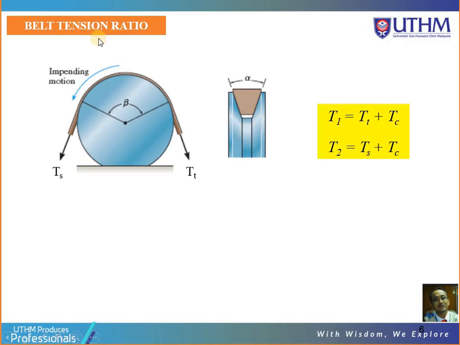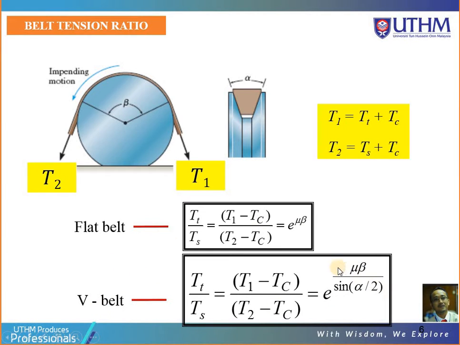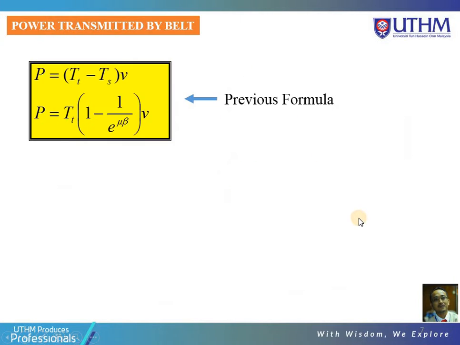What about the belt tension ratio? On the flat belt, we need to consider the centrifugal tension, so the equation becomes like this. While for the V belt, we need to consider the groove angle of the pulley itself.